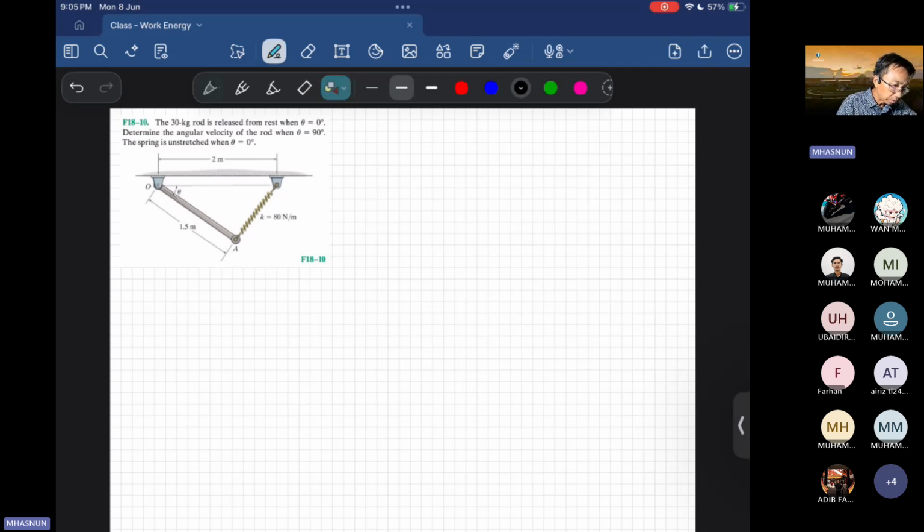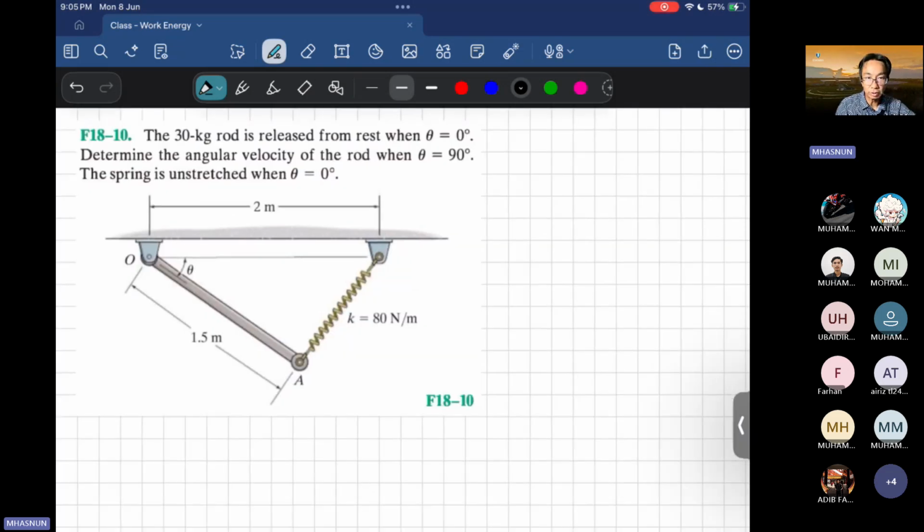So as mentioned in the class this morning, we will continue with a few more tutorial questions tonight. So we have been doing so far the problems related to work and energy topic. And in the last example this morning, I showed an example that involves spring.